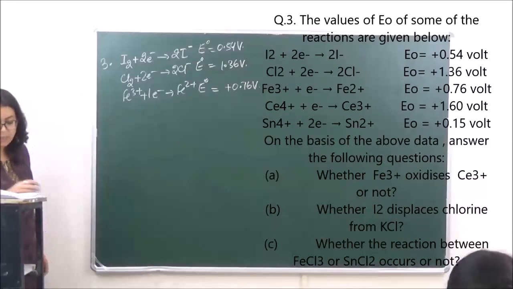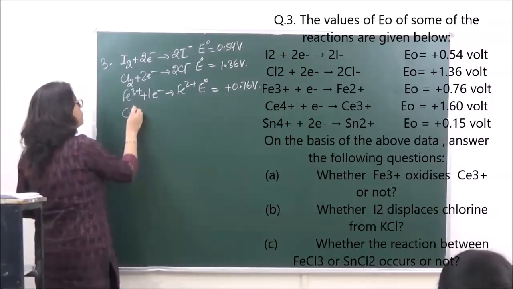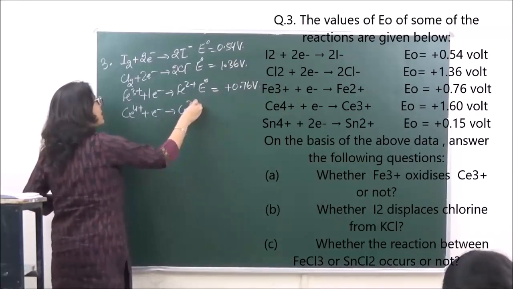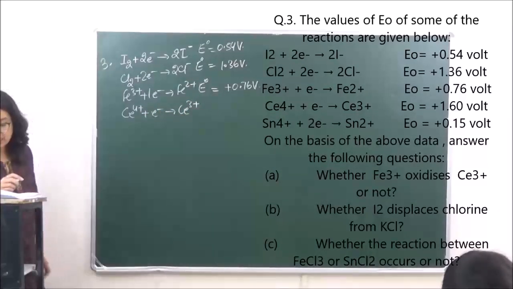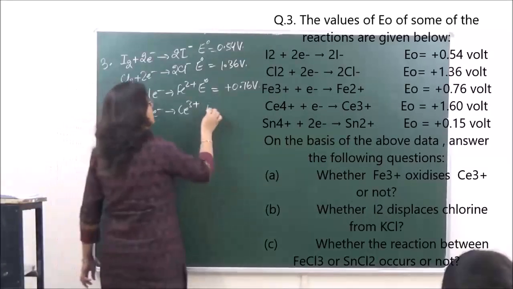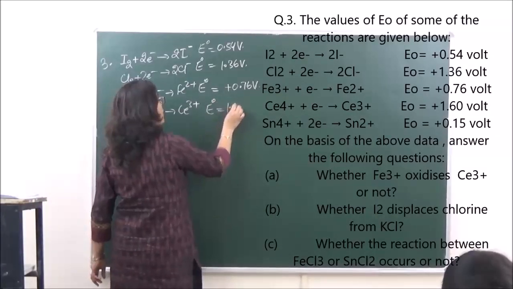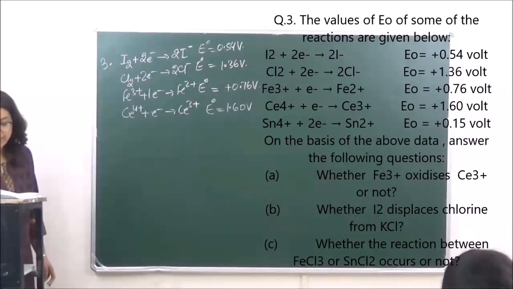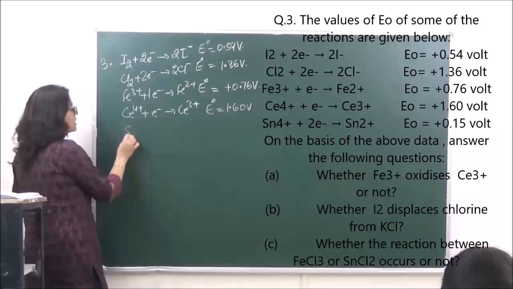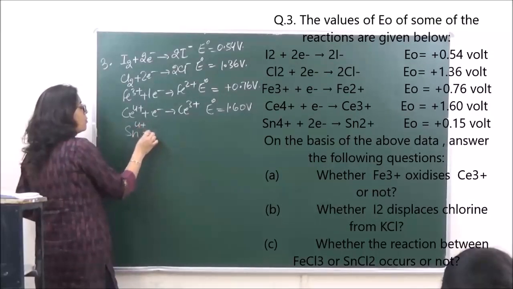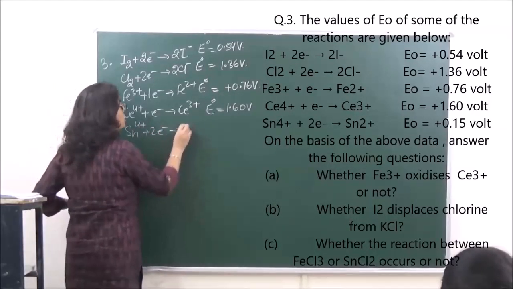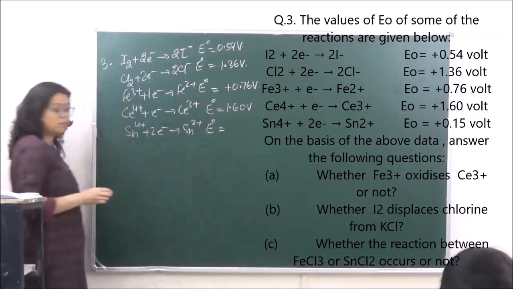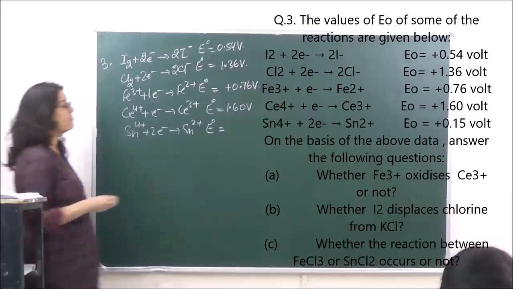Then the next reaction is for cerium, Ce4+ plus electron to give us Ce3+, and the E0 value is 1.60 volt. And then the last one is stannous, Sn4+ plus 2 electrons to give us Sn2+, and the E0 value is 0.15 volt.